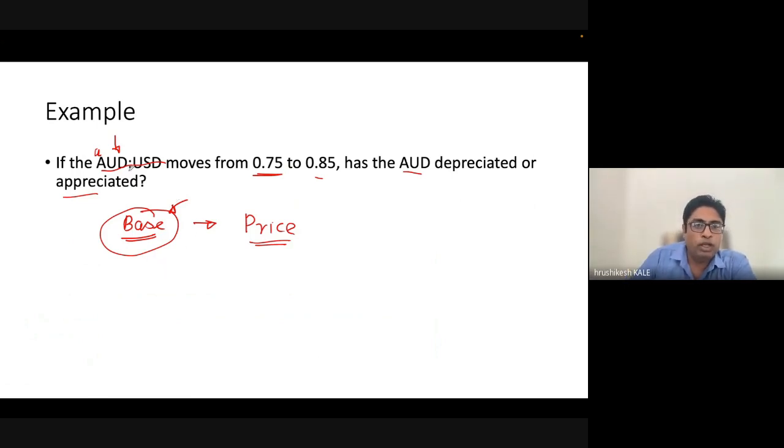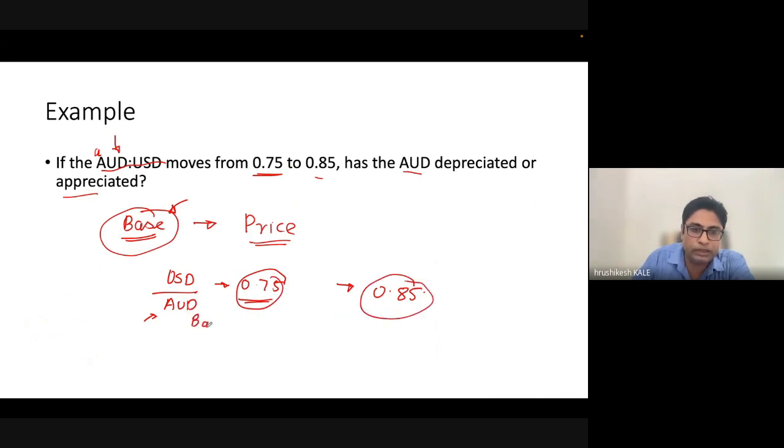Now, AUD upon USD, so USD will be in the numerator and AUD will be the denominator. It was 0.75 and now it has moved to 0.85. Always remember all these rules work for the base currency. Last month you were getting 0.75 USD for 1 AUD, and now you are getting 0.85.